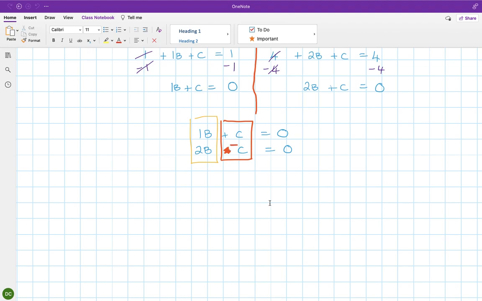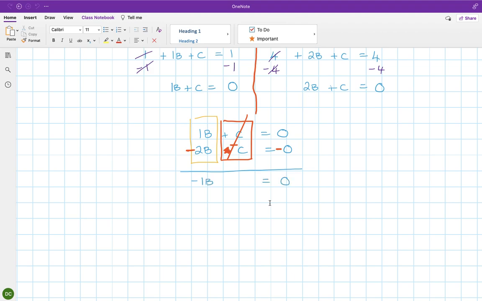But if I make that a minus, then 2b has to become minus, and the 0. So that gets rid of the c's completely, eliminates them. 1b minus 2b minus 1b, and 0 minus 0.